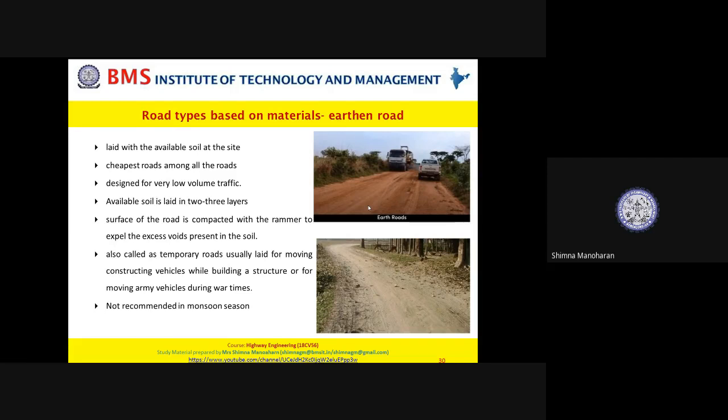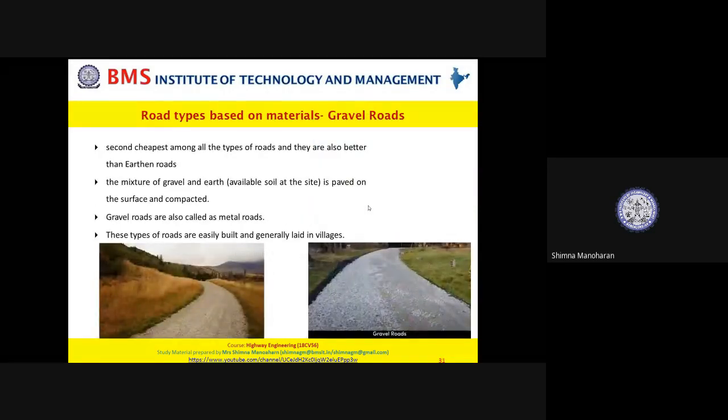It can be for movement of construction vehicles or for moving army vehicles during wartime. This kind of road is not recommended during monsoon season. You understand why, because soil has a complex behavior in the presence of water.